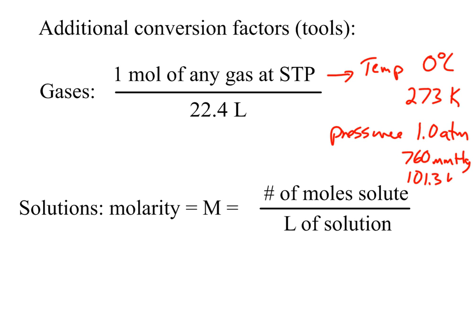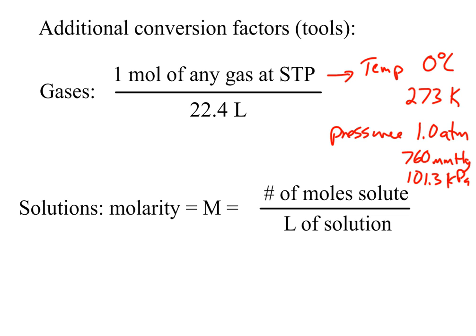Those units will become more familiar when we get to the unit on gases. But for right now, if you're told that you have a gas at STP, you know that 1 mole will have a volume of 22.4 liters. Again, that can be a conversion factor for you.